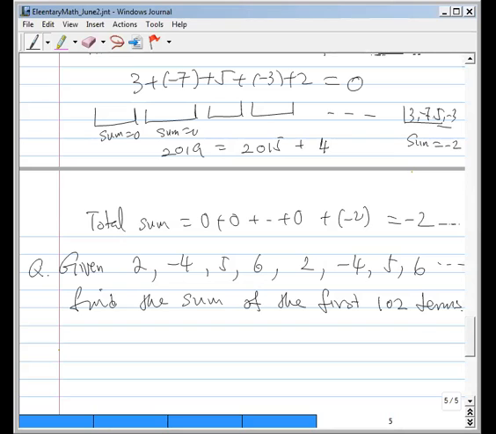Can you do that? No? You see, you can look at the pattern, right? Figure out the repeated blocks, right? 2, -4, 5, 6. 2, -4, 5, 6. That's the one block. So just repeat it, right?